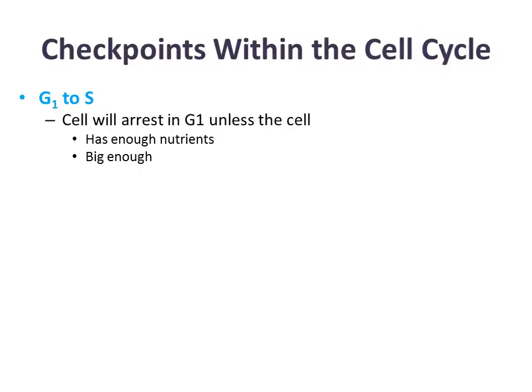So again, the checkpoints within the cell cycle, we have that first checkpoint at G1 to S. The cells will arrest here, they will stop here, unless the cell has enough nutrients or it's big enough. If indeed things are not going well and there's not enough nutrients, eventually the cell can enter into the process of programmed cell death.